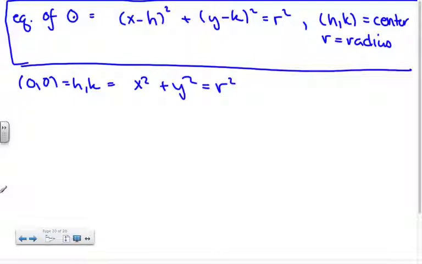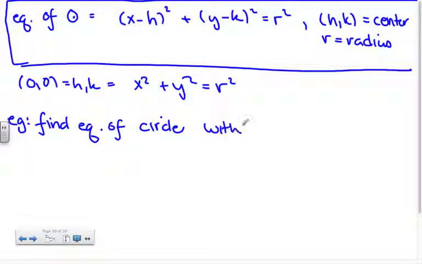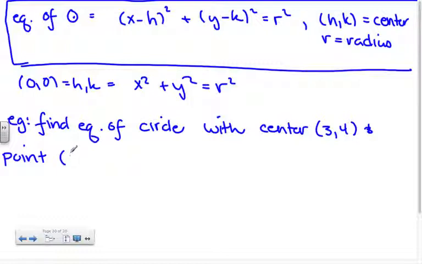So, let's do another example here to find the equation of a circle. Let's see, find the equation of the circle with center 3, 4, and the point on the circle 5, 6.